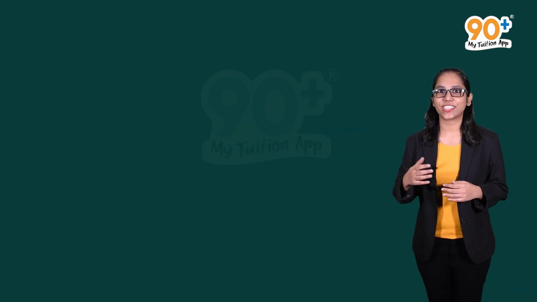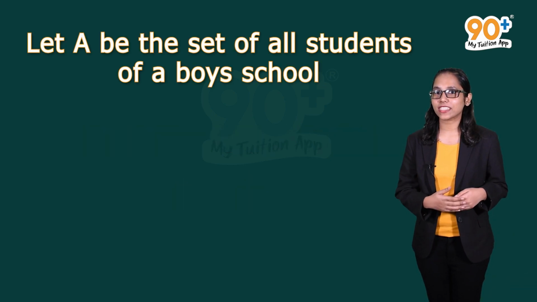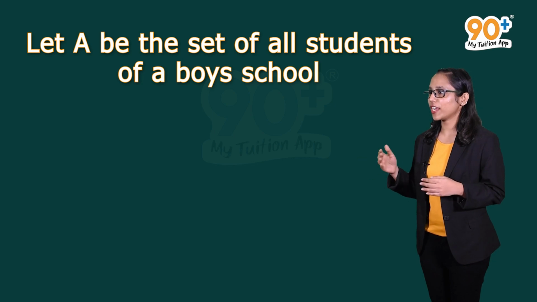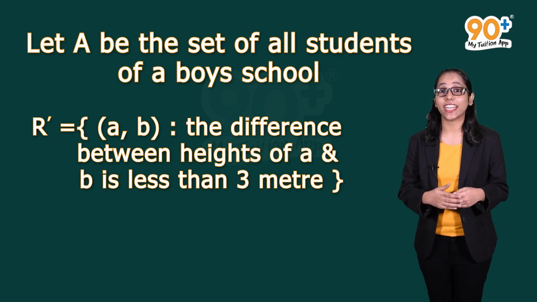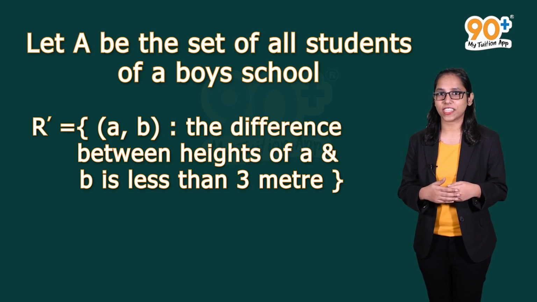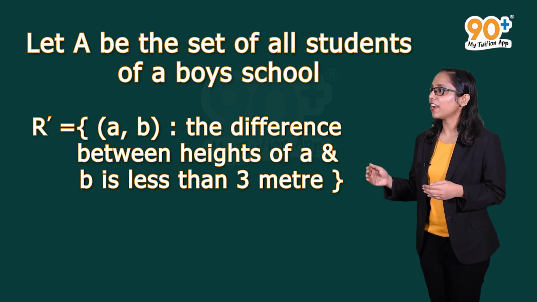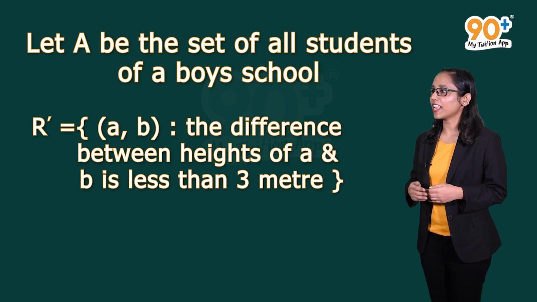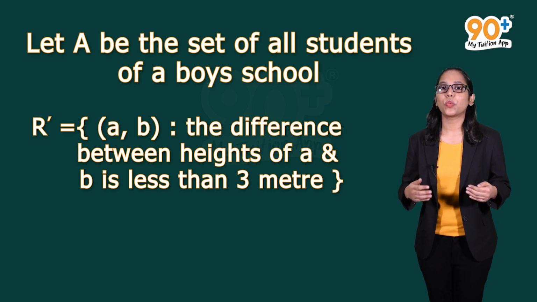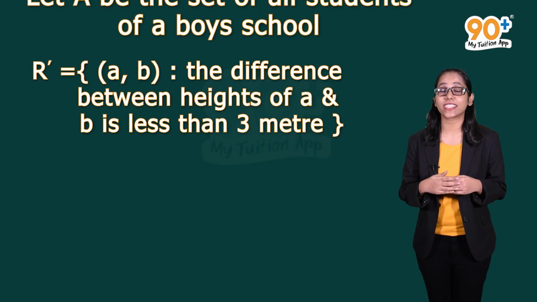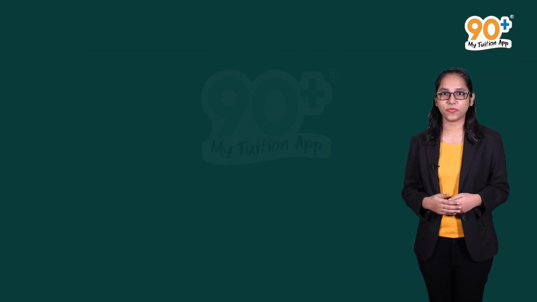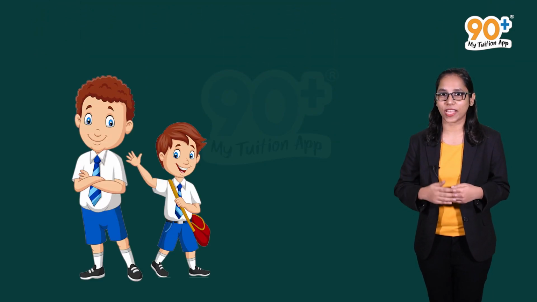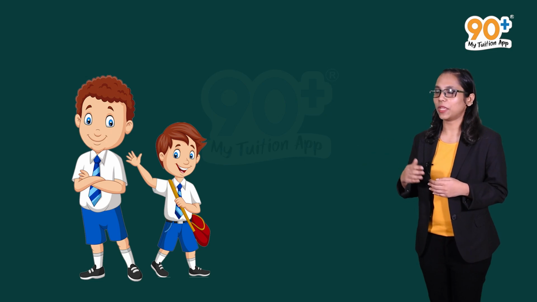Moving on to the next question. Let A be the set of all students of a boys' school, and relation R' is defined as the set of ordered pairs (a, b) such that the difference between the height of a and b is less than 3 meters. We know that the height of school boys cannot be 3 meters. Let's consider two students, a and b.